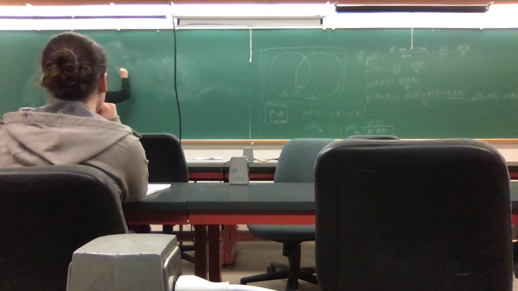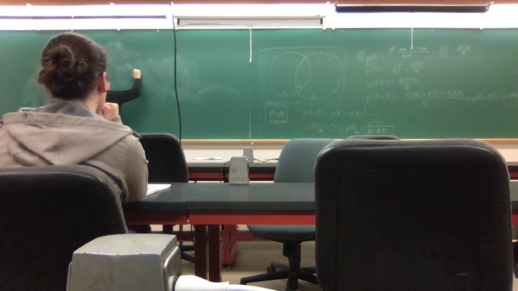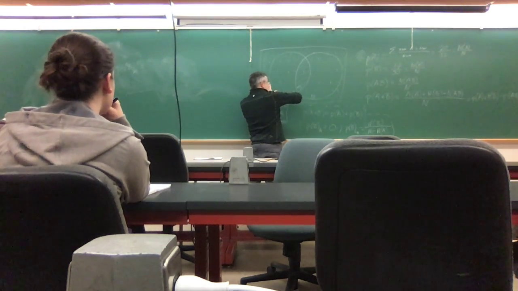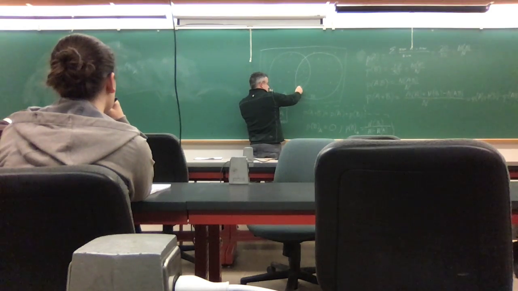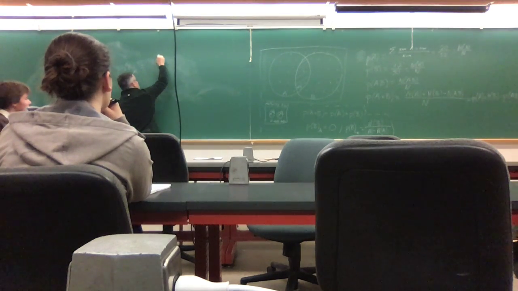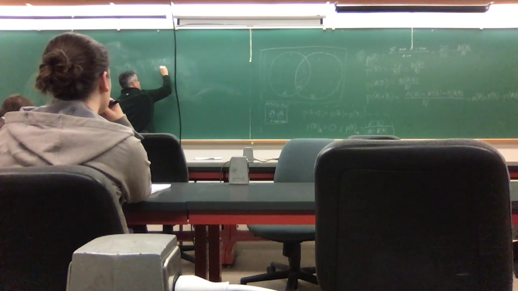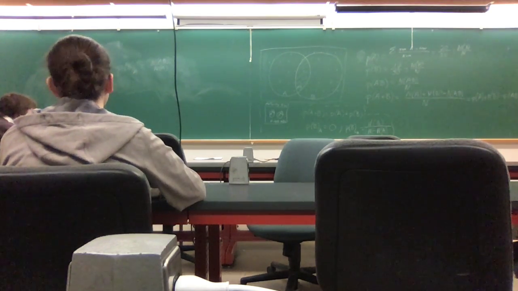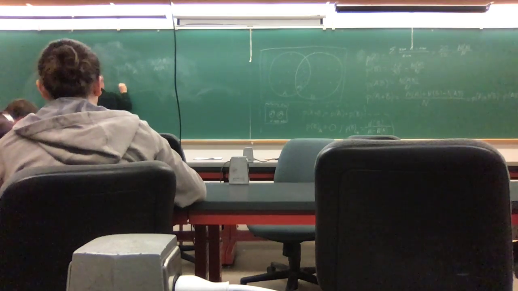So the probability of B given A: first we're given A, so we don't have the whole space anymore. Now we're in this space, so it's the number of AB over the number of A. Cool. Everybody's got that? And we could have done it the other way around.